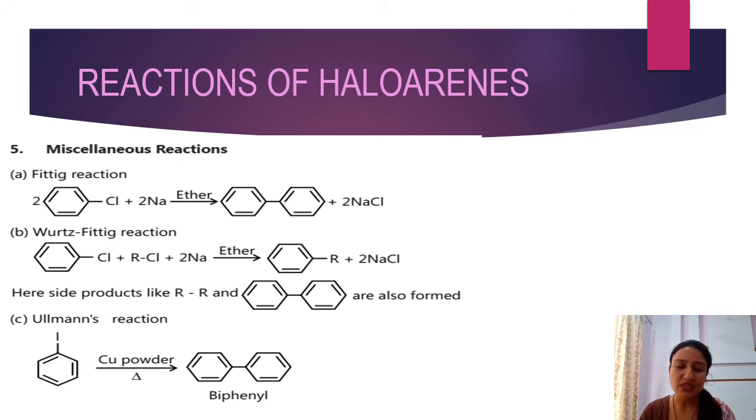Another named reaction is Ullmann reaction, in which iodobenzene is heated in the presence of copper powder and gives us biphenyl. These named reactions are very important for the exam. They come in the form of conversions, and as named reactions in 3 marks as well as in 5 marks questions.